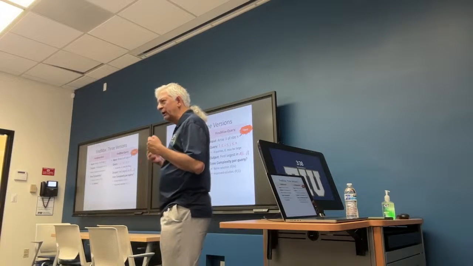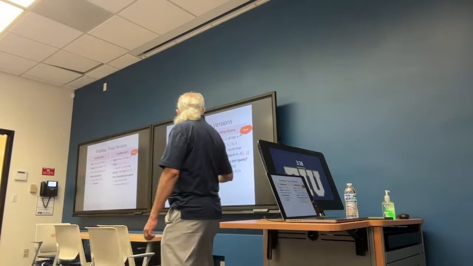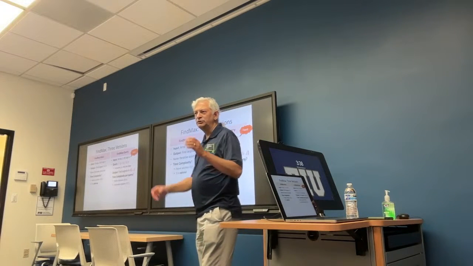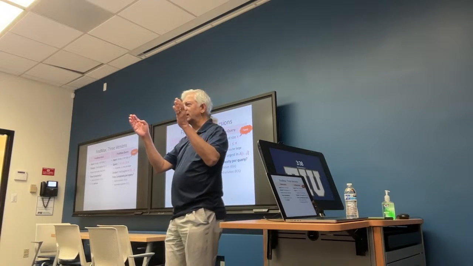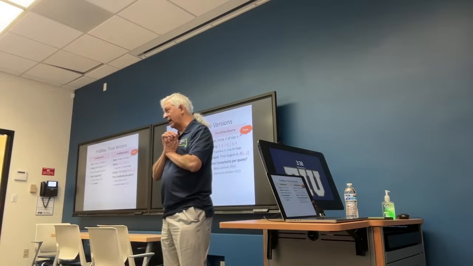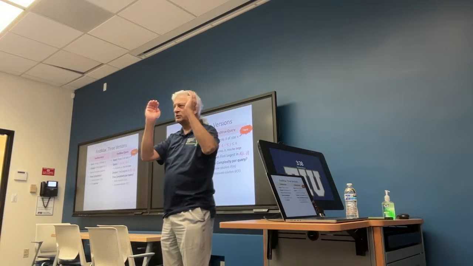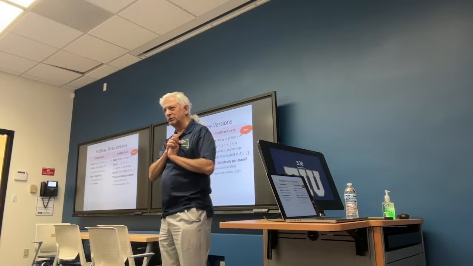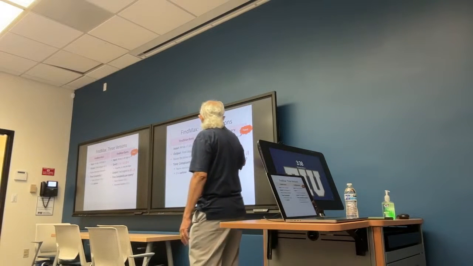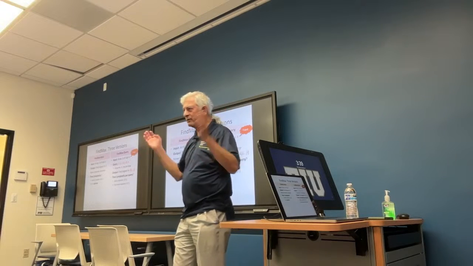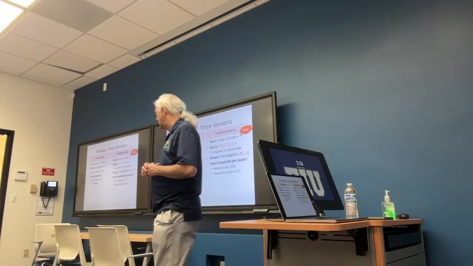And each time the query may be different, and each time the query will involve two numbers, i and j, and your job is to find the largest item between indices i and j. So your array may be very large, but you're asked a query about some portion of the array, and that portion is defined by i and j, and you'll be told here's the left end, here's the right end, find me the largest.